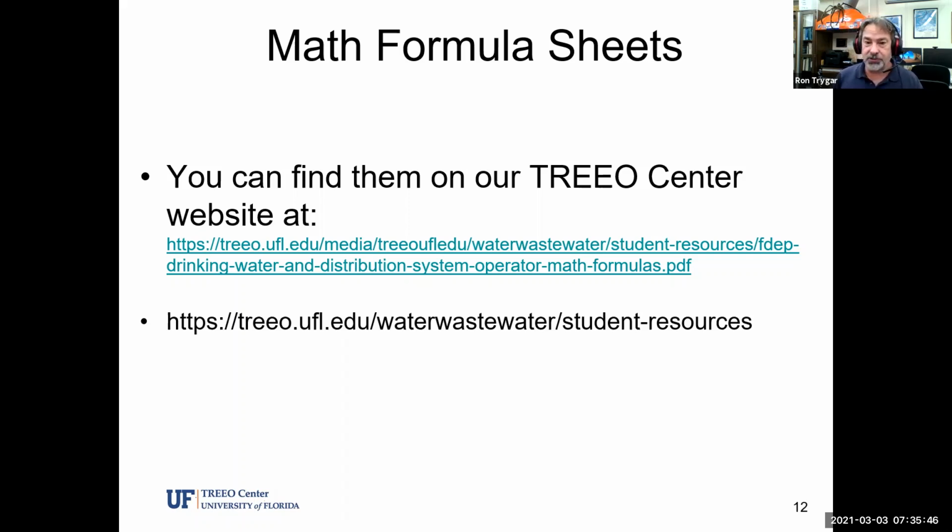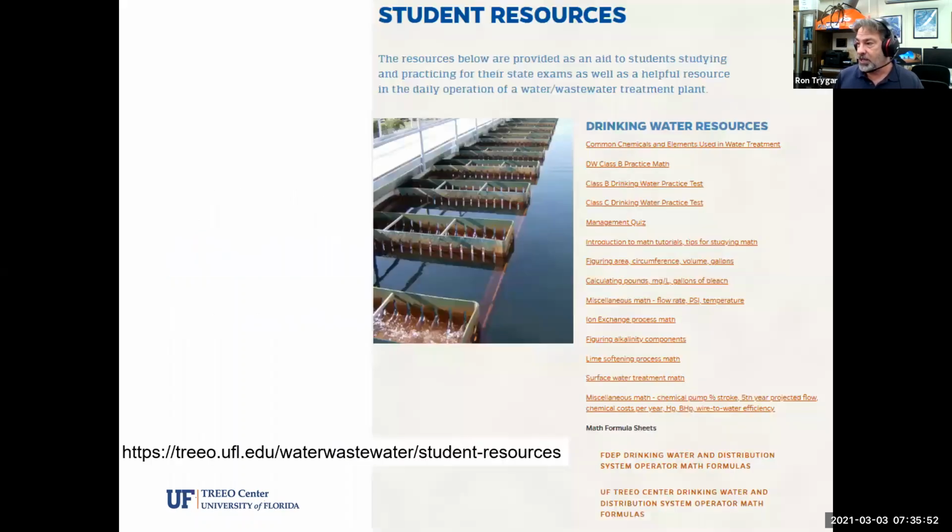If you go to the student resources page on the University of Florida Trio Center under the water and wastewater programs, you should see the student resources link. And when you click on the link for student resources, you'll see this. So the drinking water resources are shown first. And if you scroll down, you're going to see these formula sheets, which are right here. You just click on those and it will give you the formula sheets.